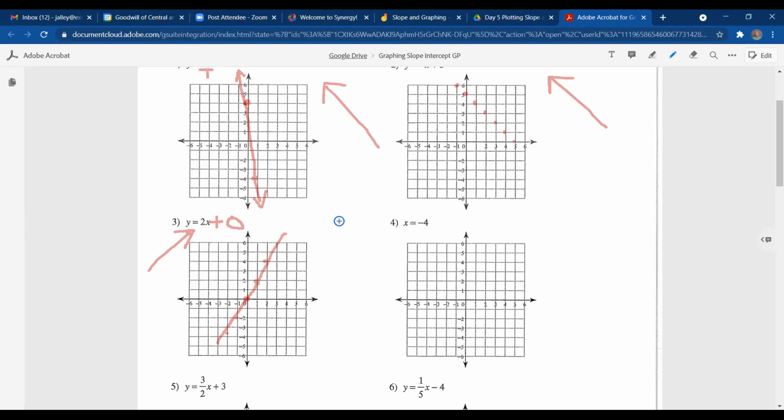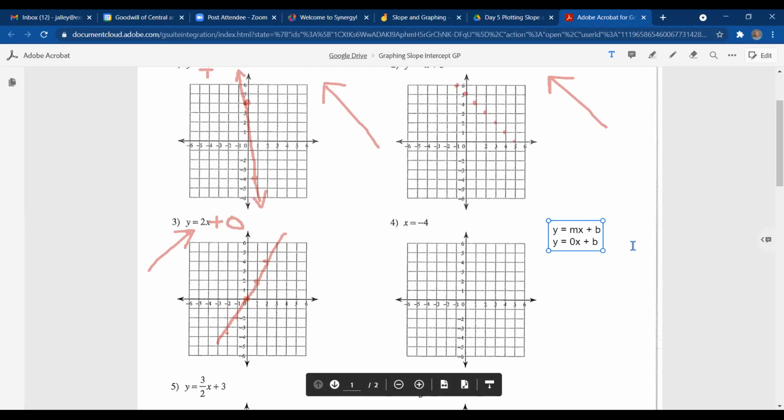The slope is 0, because I'll write this equation, y equals mx plus b. If my value for m equals 0, 0x plus b, what do I got? I got 0.